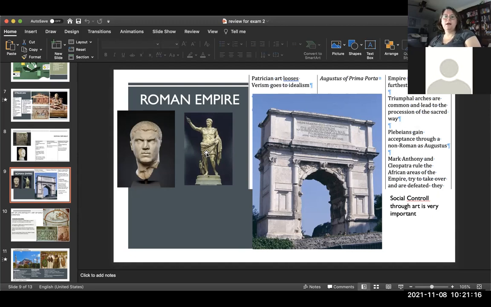Triumphal arches are common, and the road underneath them is called the Sacred Way. You can see they're constructed in a post and lintel construction with a barrel vault. At the very top here in the attic, you see an inscription that talks about important things the emperor did within his lifetime to contribute to the empire.